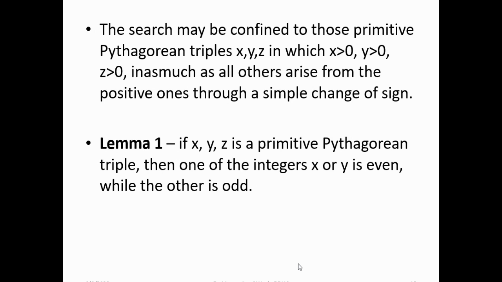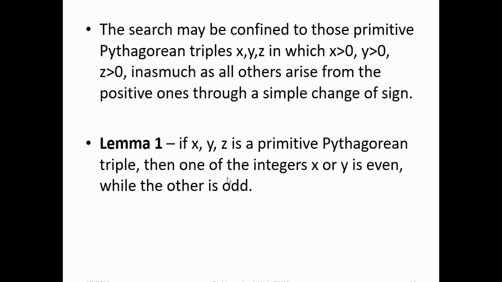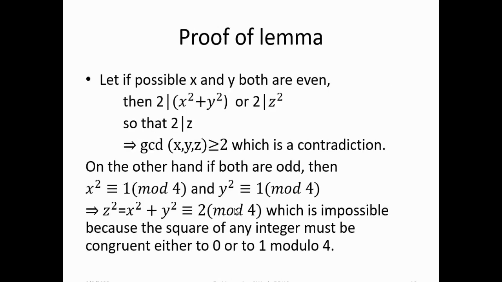Let us see this result, Lemma 1. If x, y, z is a primitive Pythagorean triple, then one of the integers x or y is even while the other is odd. Let's prove this lemma. So we have to show that one of the integers x or y is even and the other is odd.